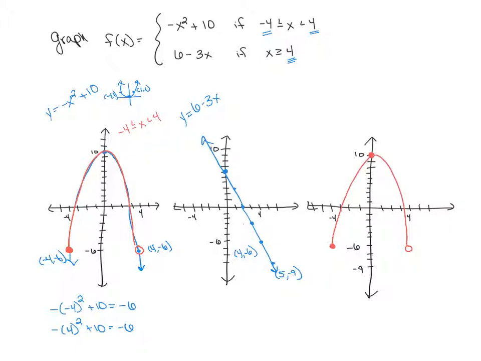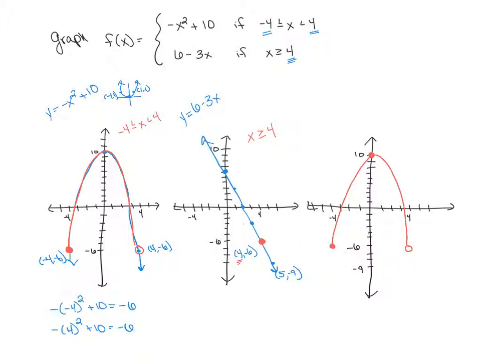Now if I go to graph number 2, I want to look like this function for any x value that's greater than or equal to 4. So at an x value of 4, I have a y value of -6. So at the point (4, -6), I will have a closed circle because of the equal sign. And I want any point with an x value that's greater than 4.